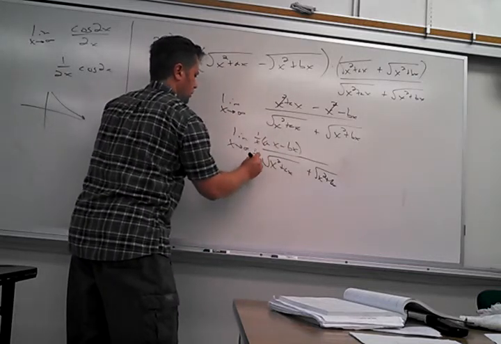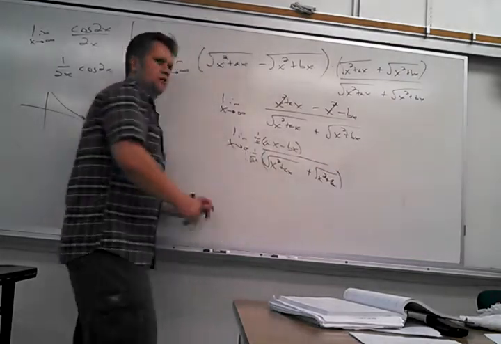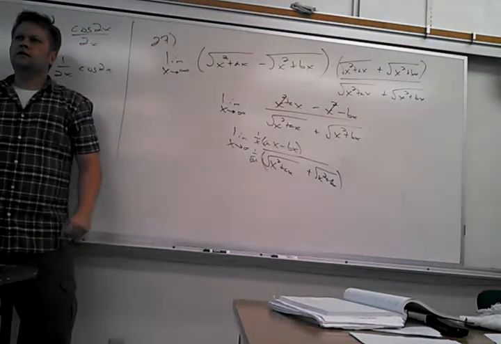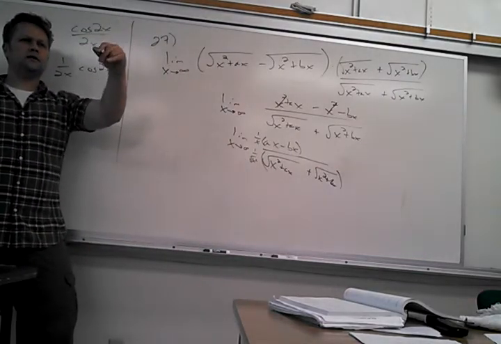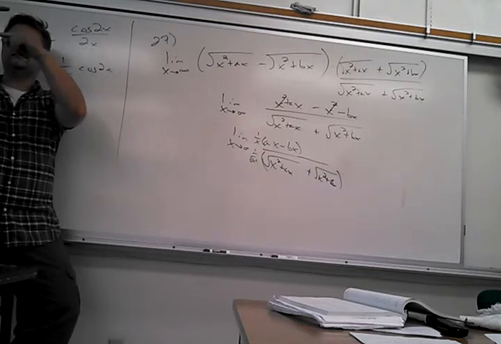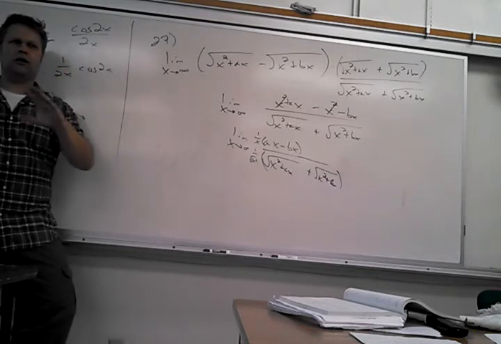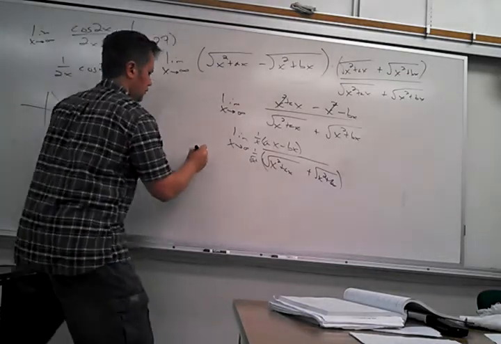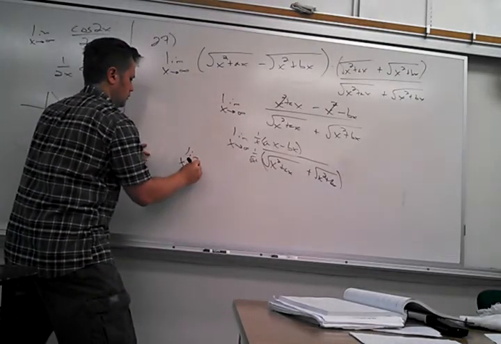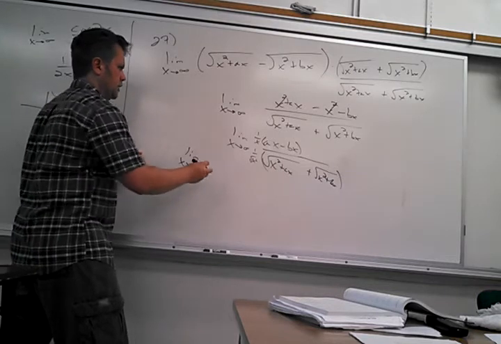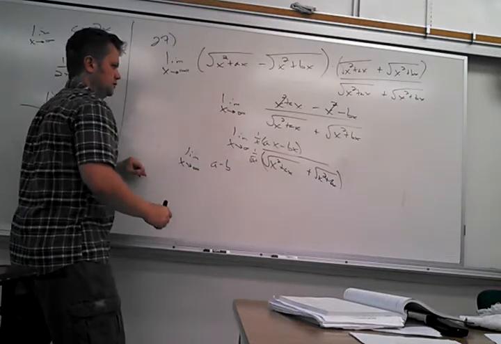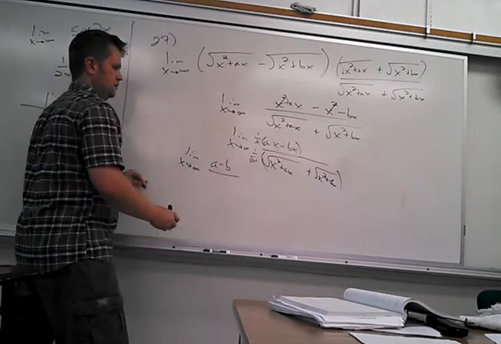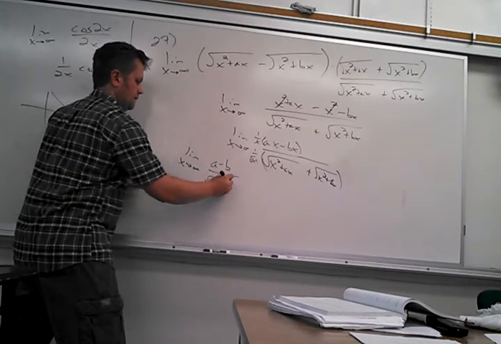You guys with me? So now multiplying by the conjugate sort of makes sense. It made this ratio that I can then attack with that normal procedure we have. That's making it fall into something that looks more familiar. So on top I get A minus B. On the bottom, what do you get?